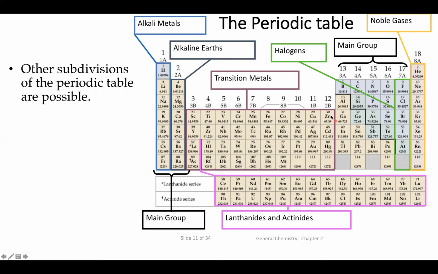We also have the transition metals, which essentially form this awkward gap in the periodic table. The last set that is often worth noting is the lanthanides and the actinides. So these essentially are those 2 rows that are always sitting at the bottom of the periodic table.